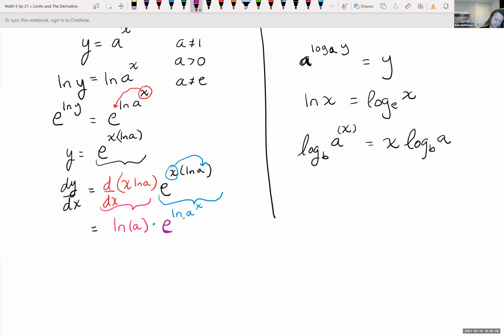This is e, this is natural log, this is log base e. So this is the same thing as a to the x. So this right here is just a raised to the x power. And let's bring down the other piece in front, natural log of a. That's dy dx.